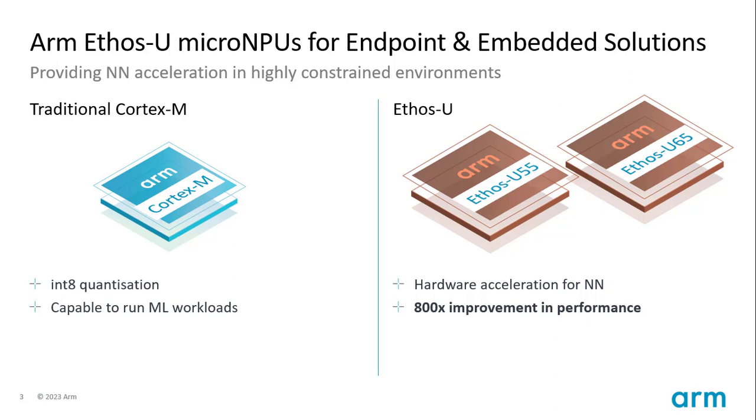So the Ethos-U is actually a dedicated hardware accelerator that is going to be doing multiply accumulates in parallel of your machine learning workload. And I'd like to draw your attention to the bottom of the slide, the 800x improvement in performance. This is actual acceleration that we have verified in silicon. This is not coming from our marketing department.